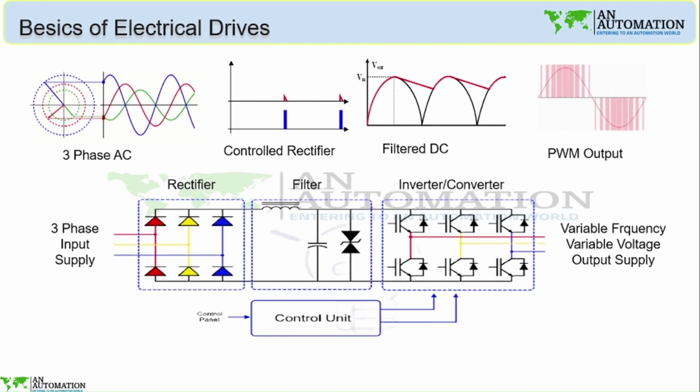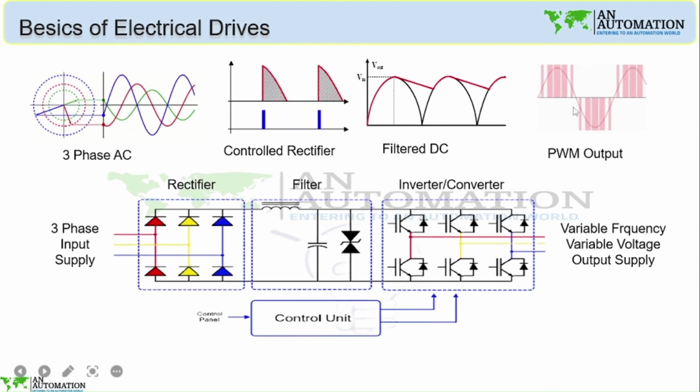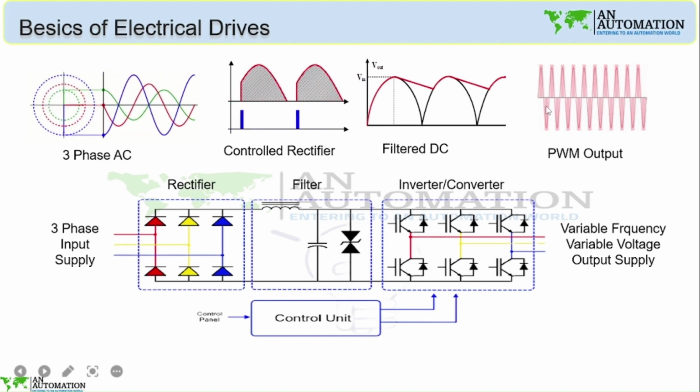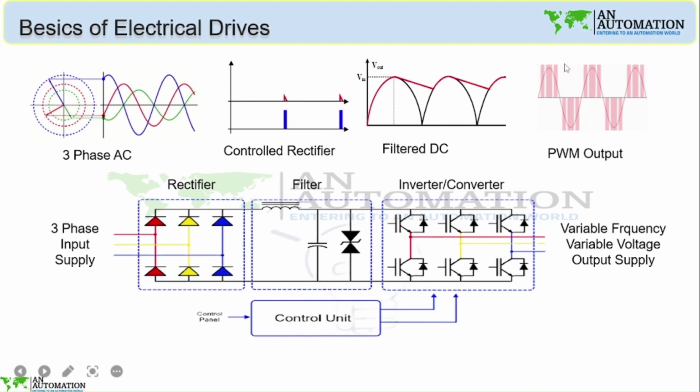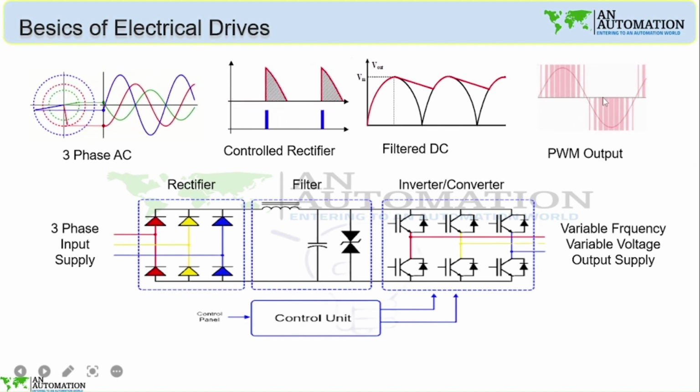The red line here is imaginary. The actual supply will be in that square wave format.